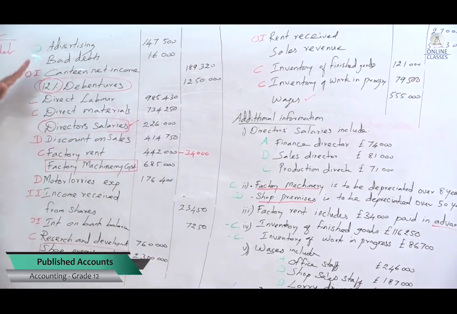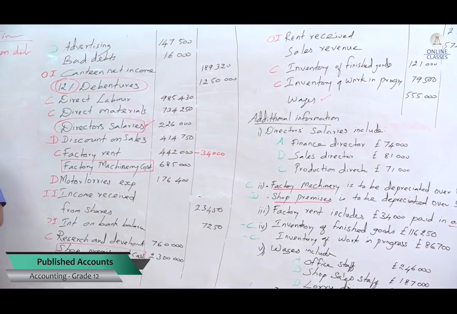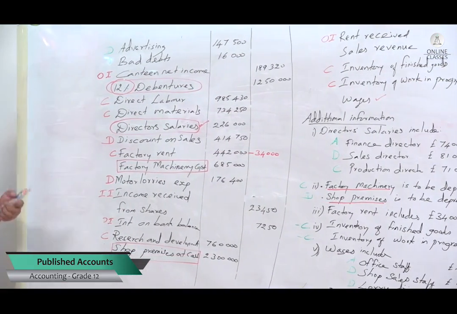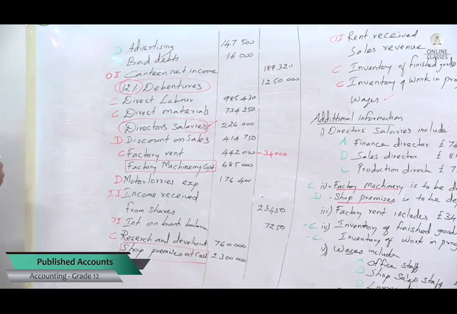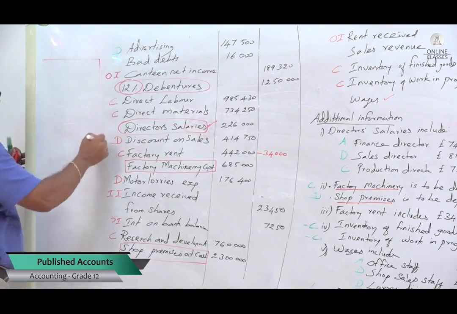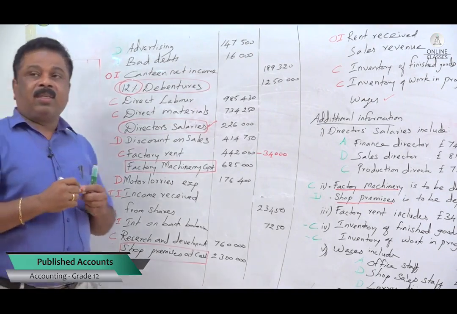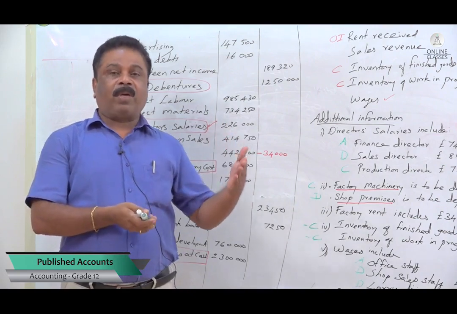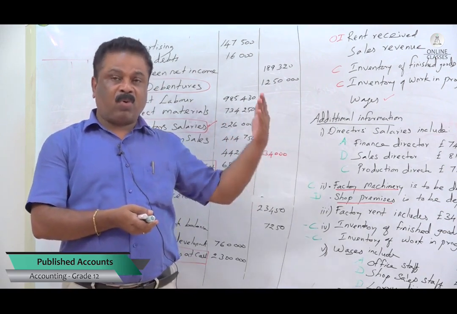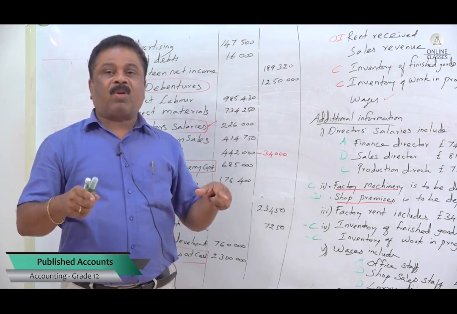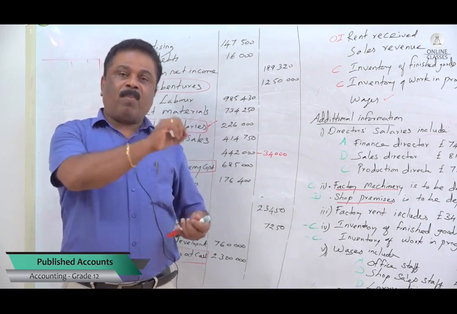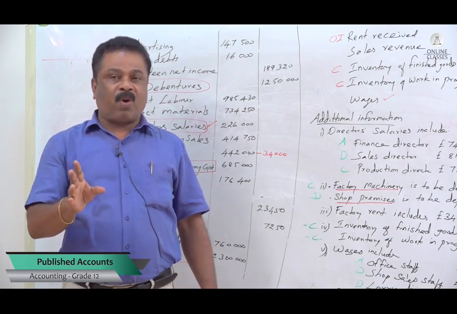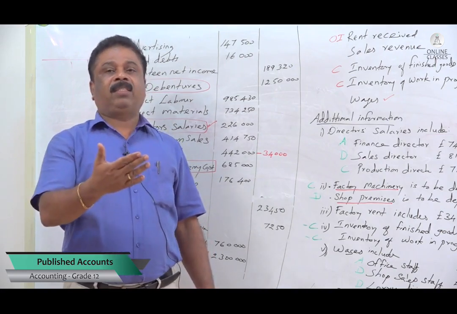Once we complete this working, you can go for drawing the statement of comprehensive income. I need not show that format, because the table has already been uploaded for you in the Google Classroom. Please find the statement of comprehensive income and write the format as it is, because it is a fixed IAS 1 format, so the format will never change.